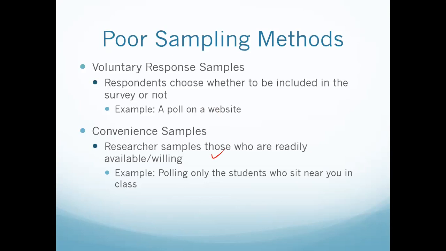Voluntary is a good thing, but it doesn't represent the entire population. Clear? Voluntary can be a poor sampling method. Researchers sample those who are really available. As I mentioned, it's according to my choice, which is a bad thing. So we are trying to avoid those things.